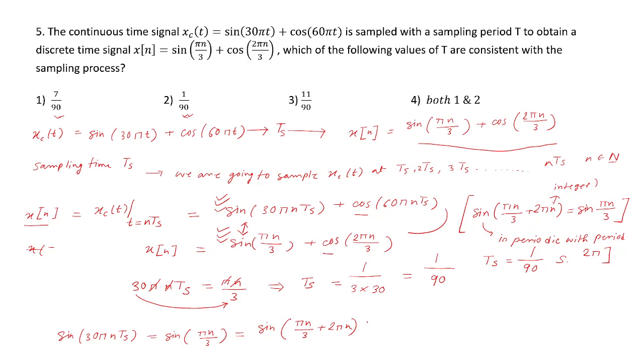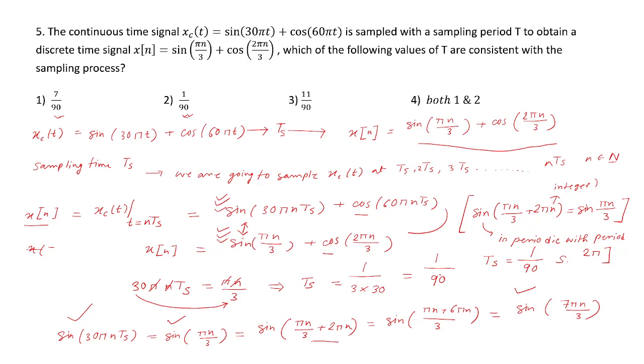Okay, if you add these two up, just a summation, you see it is pi n by 3 plus 6 pi n by 3, that is basically sine of 7 pi n by 3. Just remember this thing, this sine 30 pi n ts is not only equal to sine pi n by 3, but it is also equal to sine 7 pi n by 3.